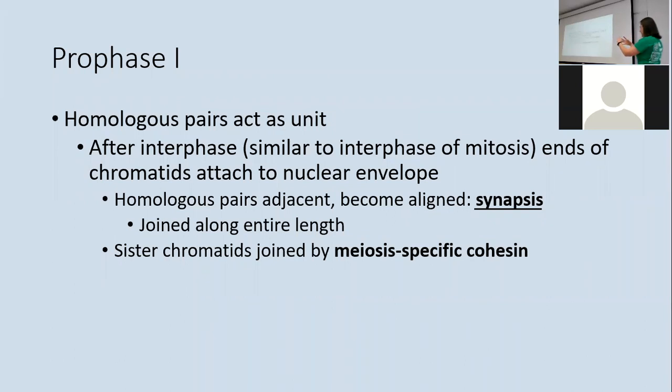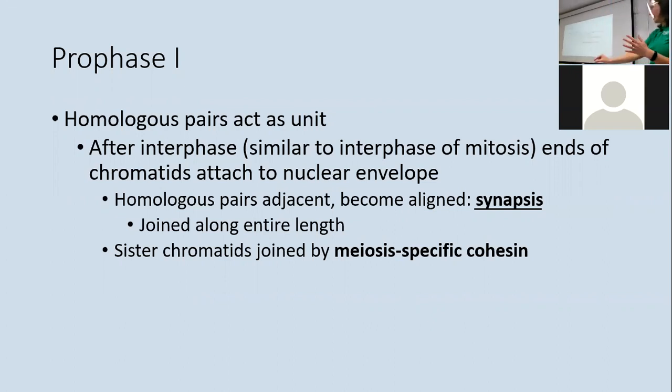So in the nucleus, these homologous pairs attach to the nuclear envelope, right? So chromosome 1 from my mother and chromosome 1 from my father find each other, and then they attach to the membrane of the nucleus, which allows them to line up right next to each other. Which will make that sticking together, synapsis, a little easier, right?